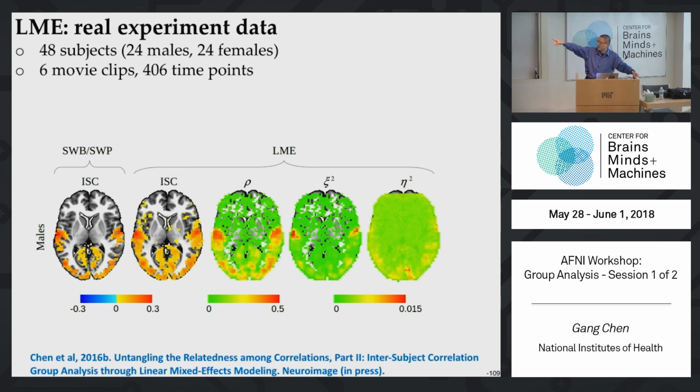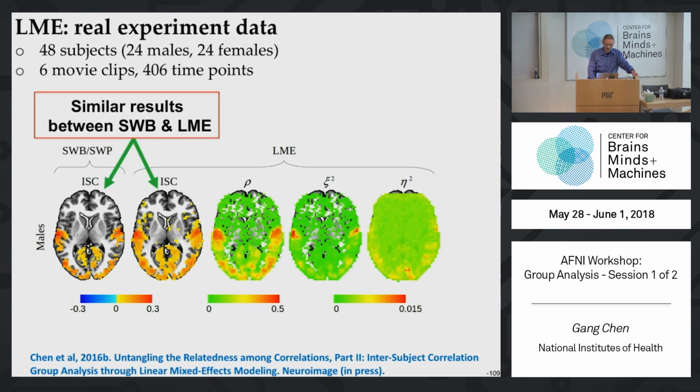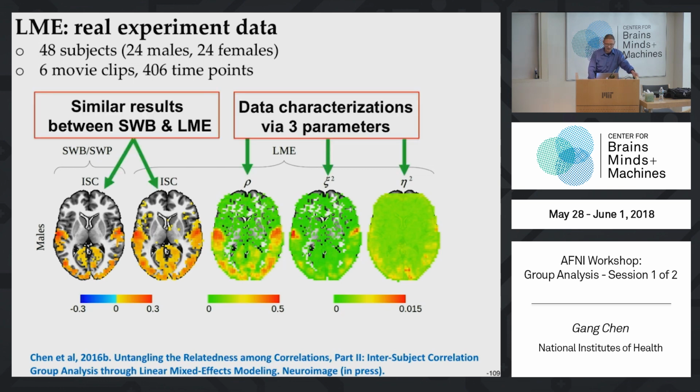In addition to that, I can also show the variance, the residual variance, and the cross-subject variability. That's the fourth image. So it's pretty nice, and that's why the parametric approach is usually better than non-parametric, not just for inter-subject correlation but even for typical group analysis.